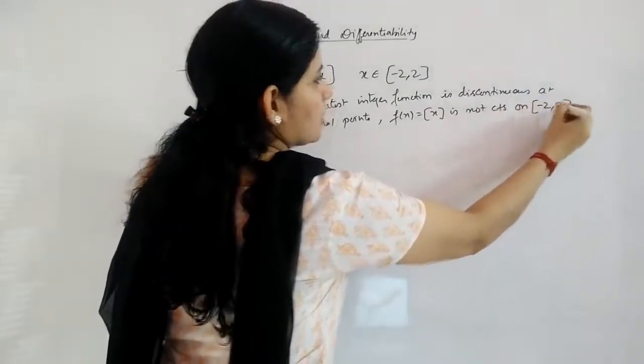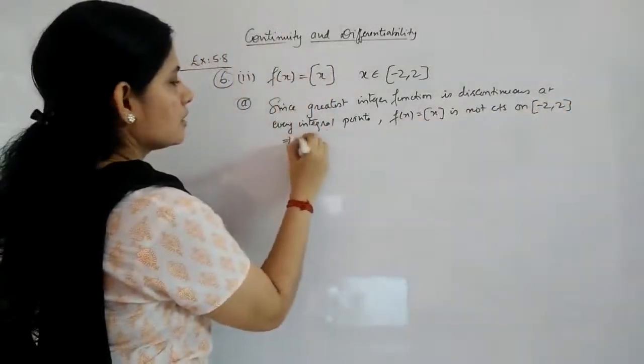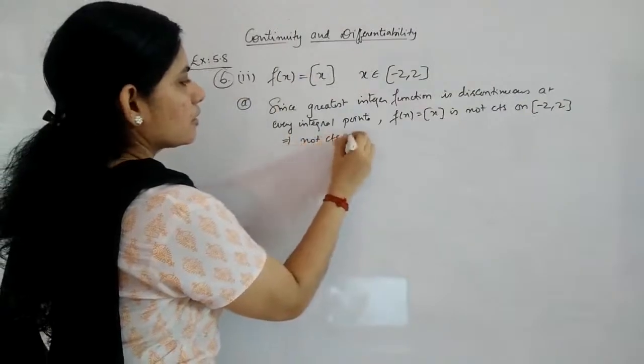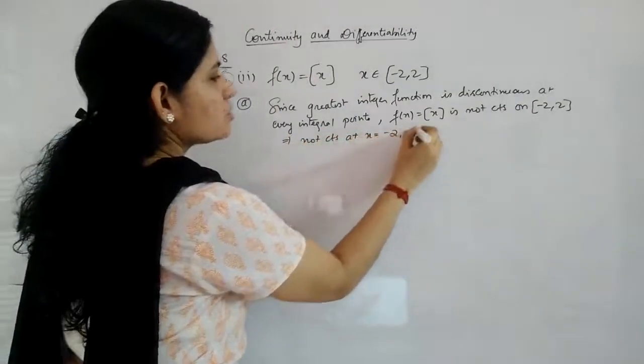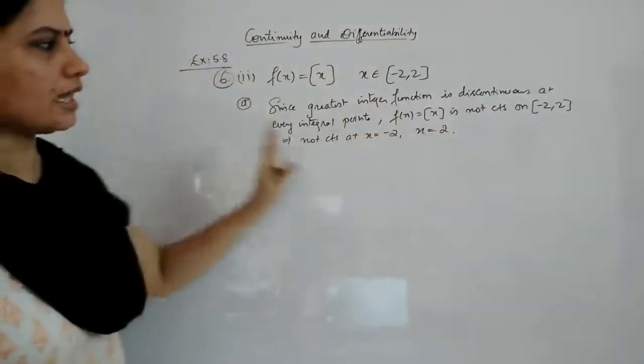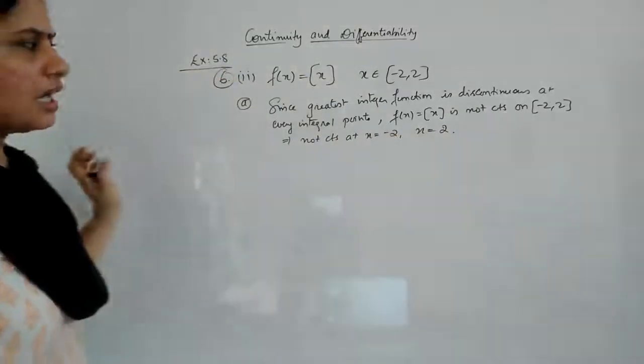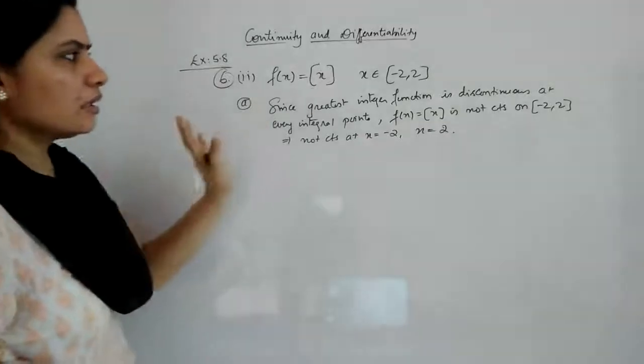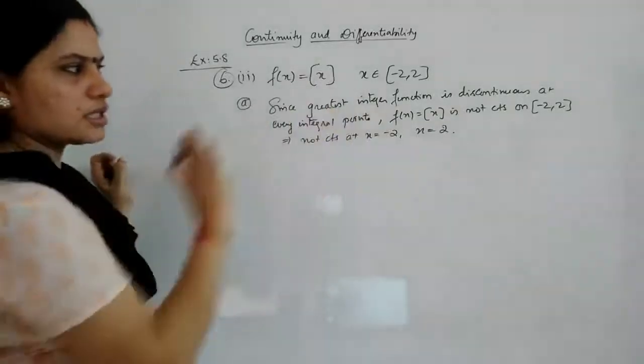You can say it is not continuous at x equal to minus 2, at x equal to 2, and in between at whatever integers you have, at all those points it is not continuous. Therefore, in general you can say that the function is not continuous in the interval.